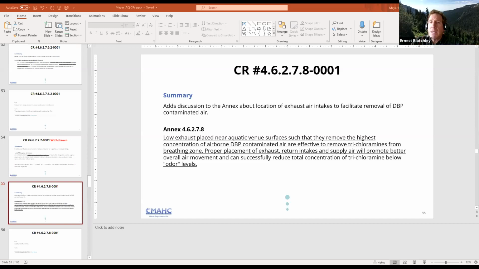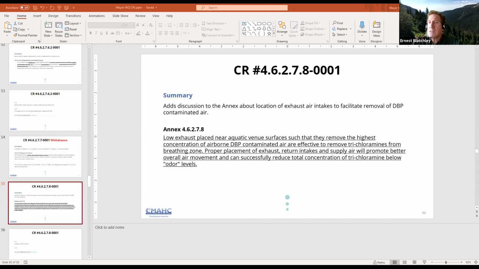So, I agree with Jen that trichloramine is clearly not the only volatile chemical we care about. It is sort of a sentinel compound in the sense that it's probably the most volatile of the compounds that we do care about, and it's the one that expresses the greatest odor. So I think if you set up a system to control trichloramine, you're probably going to be in good shape with respect to controlling the others, although that's not a certainty.